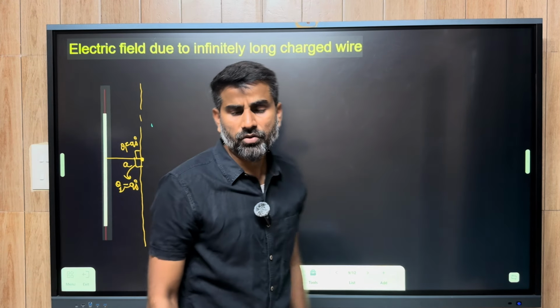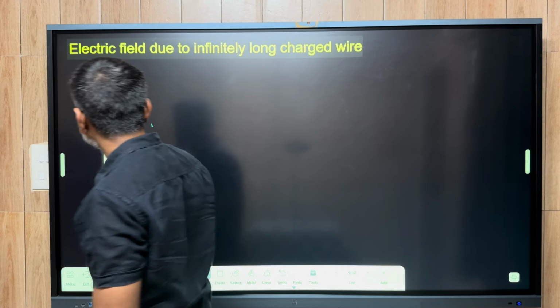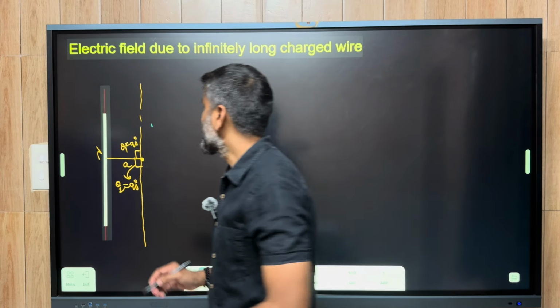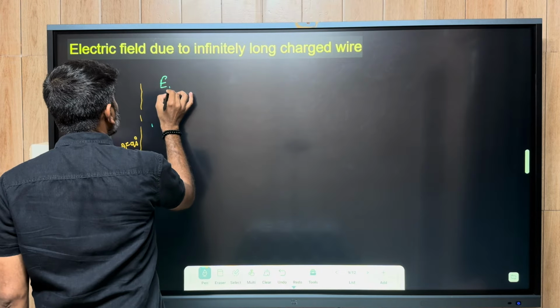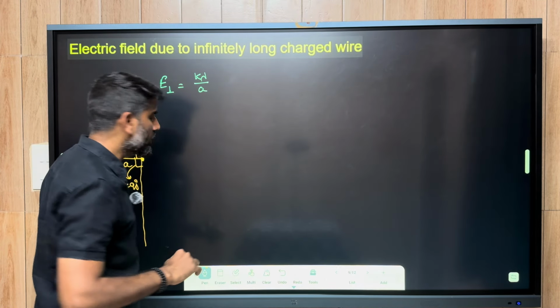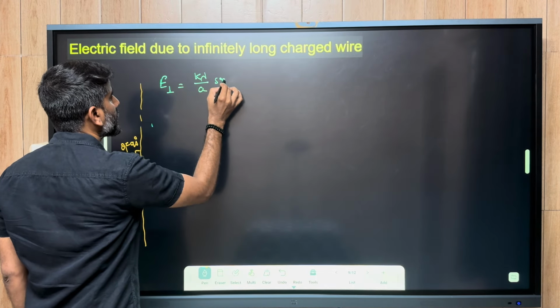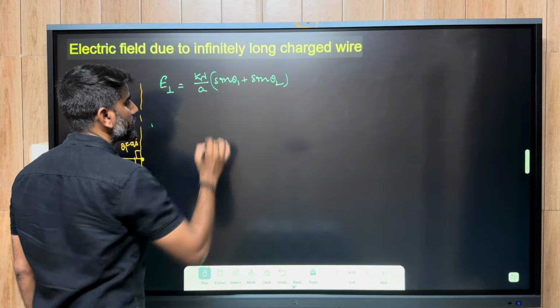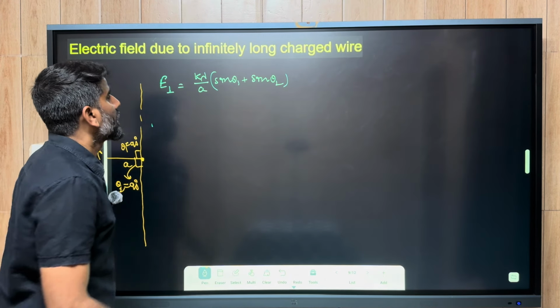So as I've got theta 1 and theta 2, and the linear charge density of the wire is lambda, I have E perpendicular, which is k lambda by a into sine theta 1 plus sine theta 2, which we have already learned in the earlier slides.